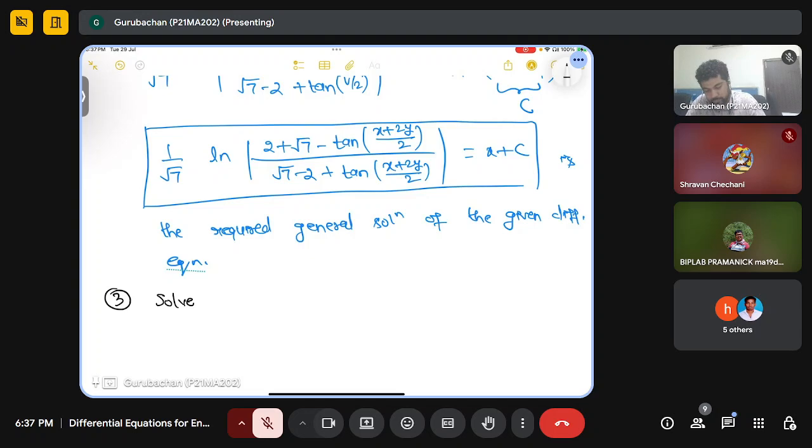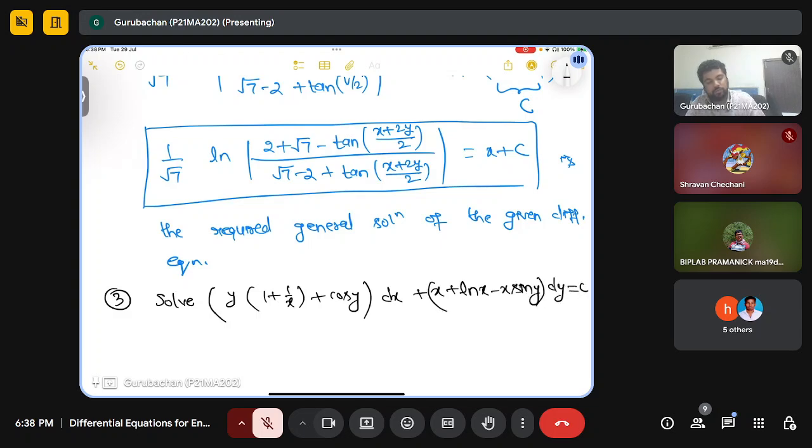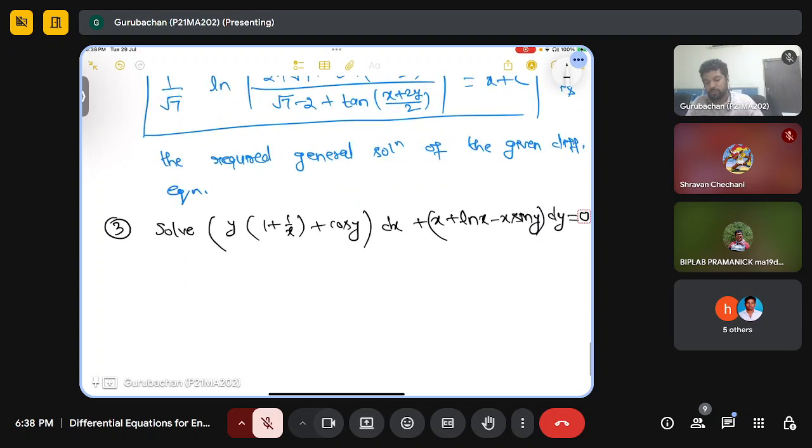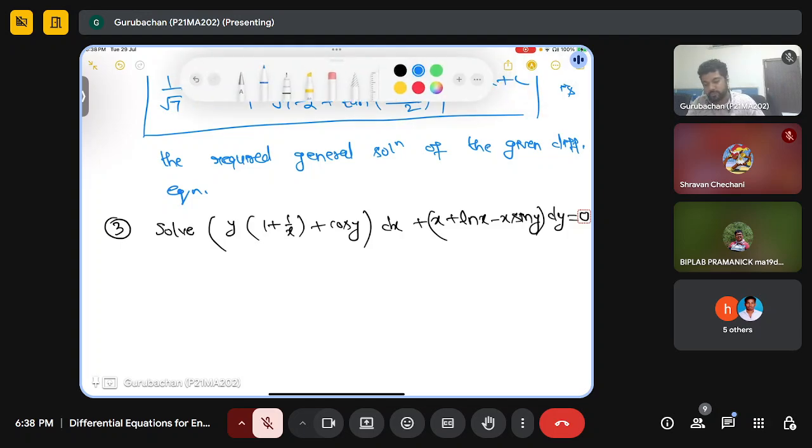Solve y(1 plus x plus cos y) dx plus (x plus ln x minus x sin y) dy equal to 0. You have to solve this differential equation. So try this one by yourself. Then we will discuss it.